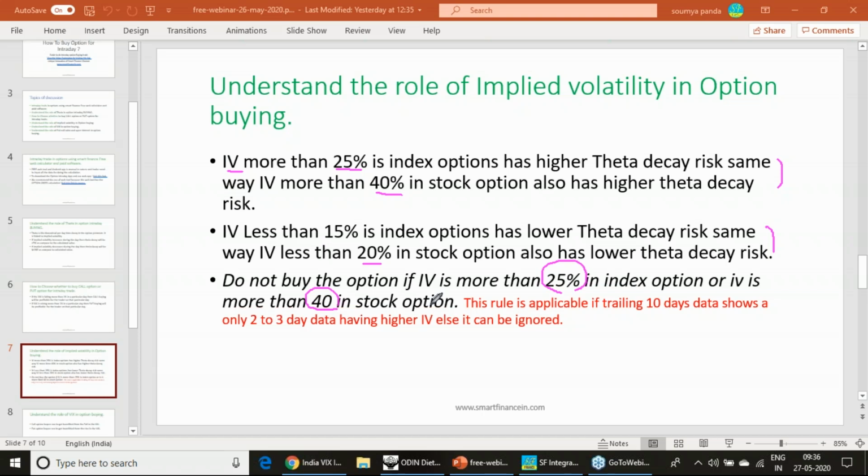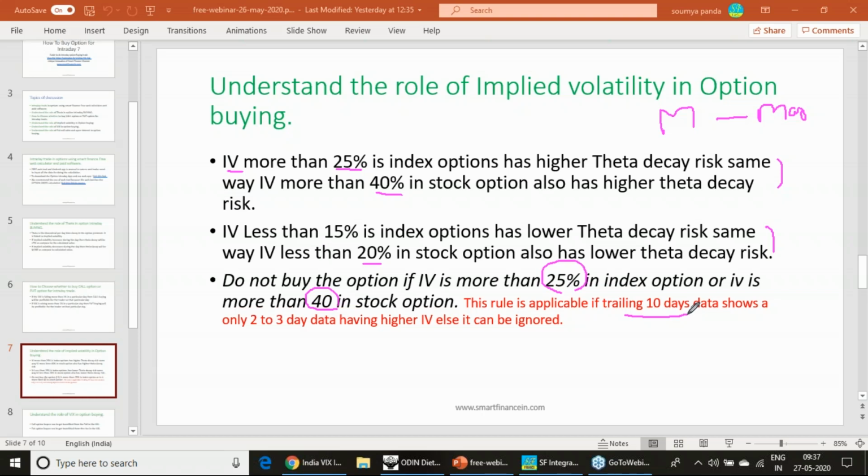You can say this kind of situation you are facing from the month of March till date, May. Always the VIX is about 25, IV is more than 25%. That doesn't mean that you won't trade. So past trailing 10 days data must say that only 2 to 3 days you will be having this kind of IV behavior, then do not trade.